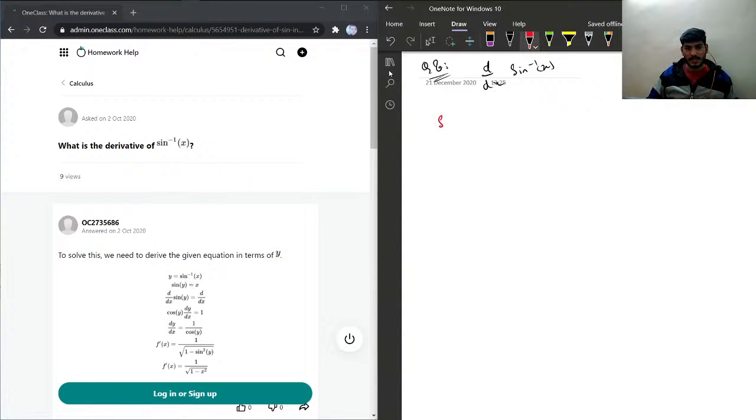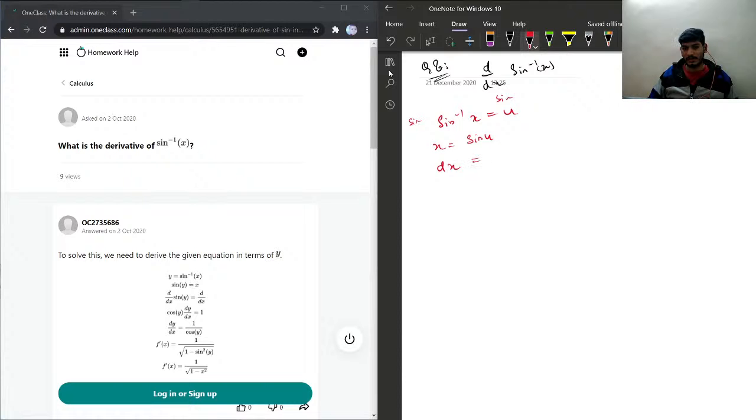So let's say sine inverse of x as u, then my x will become sine of u, because if I multiplied sine on both the sides, then this will become x equal to sine u. I'll take the derivative on both the sides.